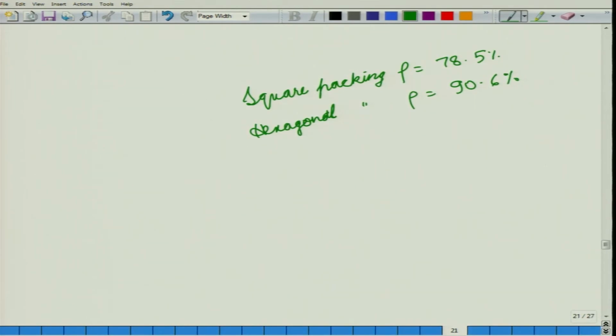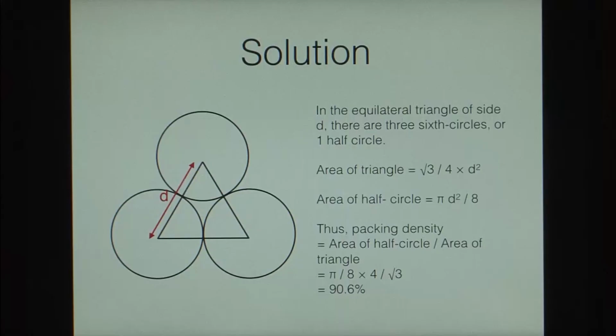Thus, a hexagonal packing will give us a higher number of trees per hectare of the forest as compared to the square packing, and which is why a hexagonal packing is preferred when we want to extract as much of the wood as possible from the stands.